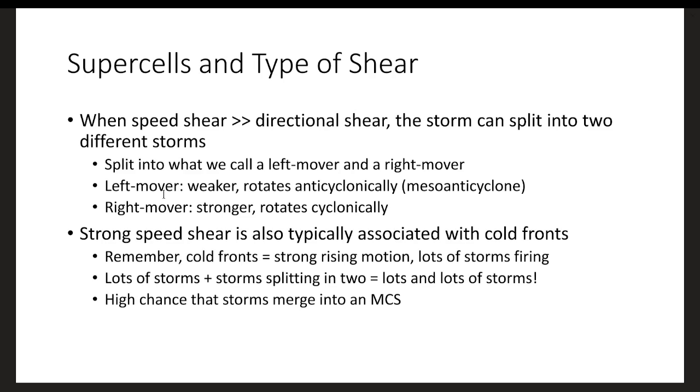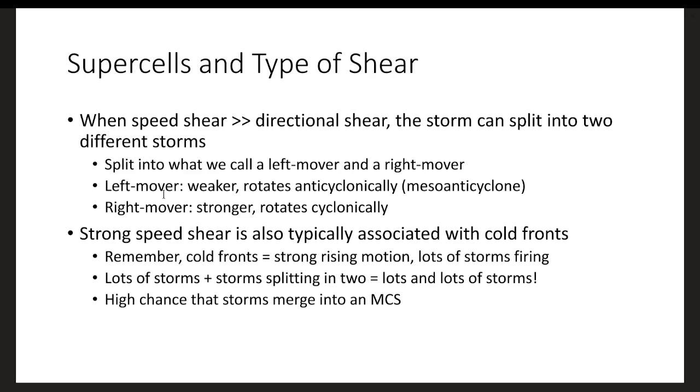So you can get a tornado out of these left movers, and a tornado that rotates in an anticyclonic fashion. Typically a tornado will be stronger and it will rotate cyclonically, but with these splitting supercells, you can actually get tornadoes that rotate clockwise in the northern hemisphere. Usually not as strong.